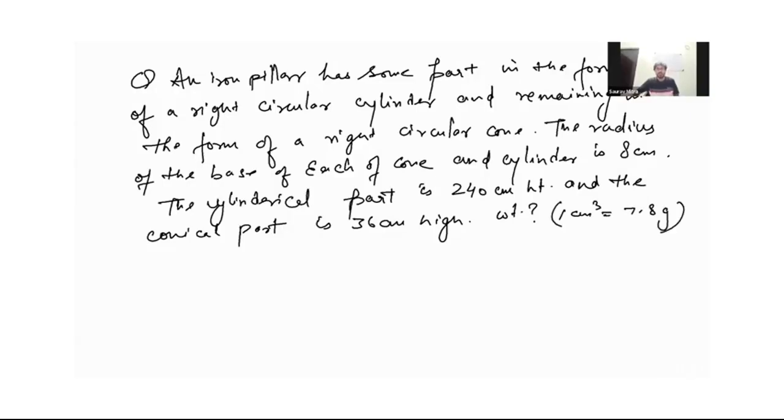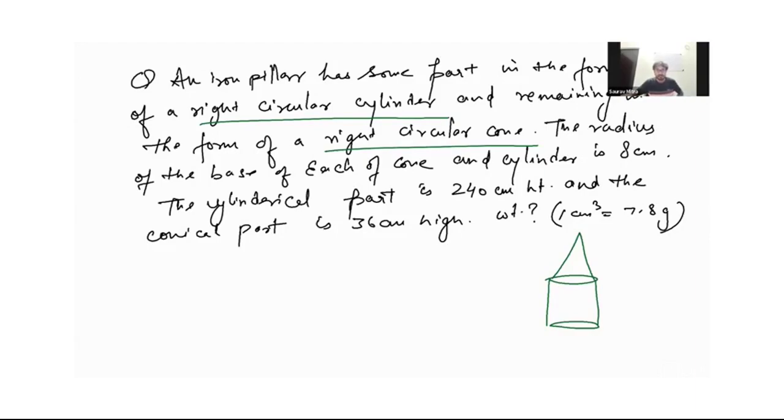By this information, first of all, we should draw the figure. An iron pillar has some part in the form of a right circular cylinder and the remaining in the form of a cone. That means one part is like a cylinder and the other part is a cone. This is your iron pillar.